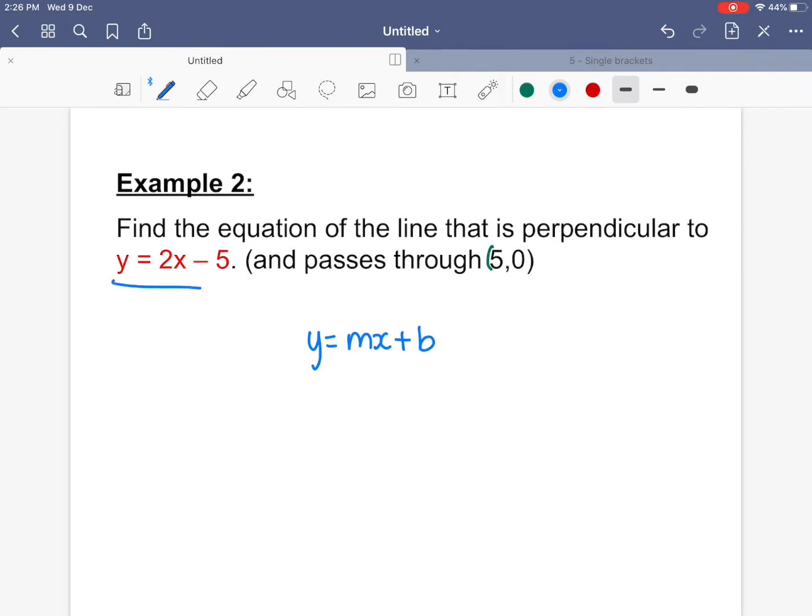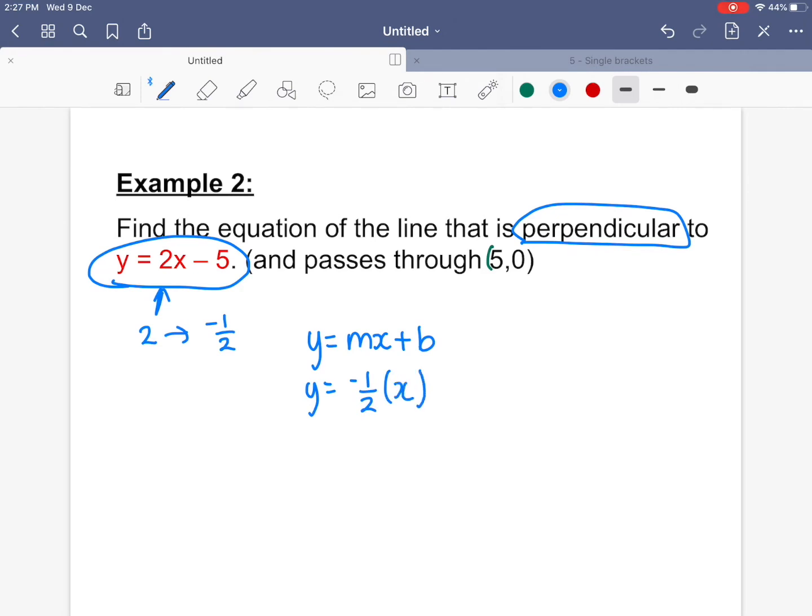And we can use this bit of information to help us find the gradient. It's perpendicular to this line. So if the original gradient is 2, then the perpendicular to that is going to be minus 1/2. So that tells me that y is equal to minus 1/2 x plus b.